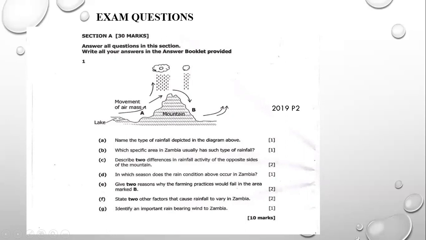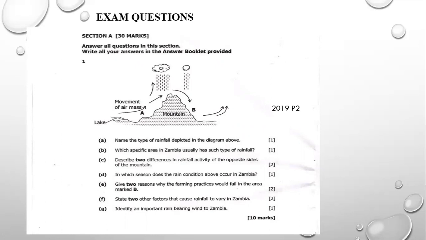You can just give any place in Zambia which you know where there are quite a number of hills or mountains. So the best specific area which you can give here is the Muchinga escarpment or the Zambezi escarpment.